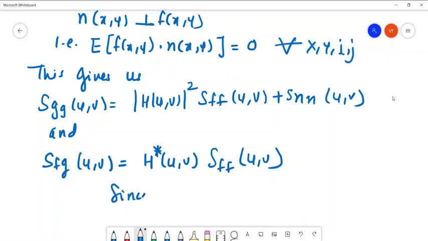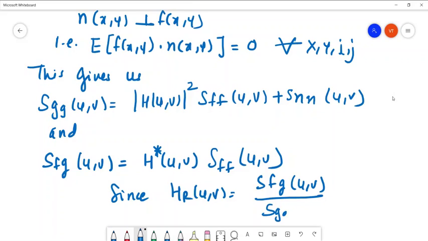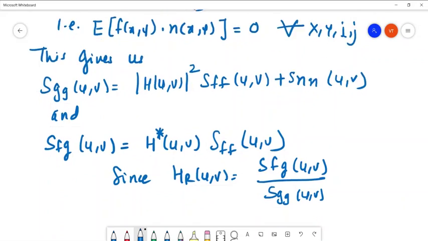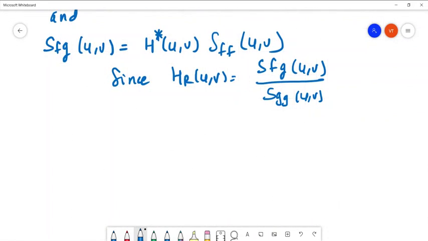Since we know Hr(u,v) equal to Sfg(u,v) upon Sgg(u,v), we get Hr(u,v) equal to, what is Sfg?